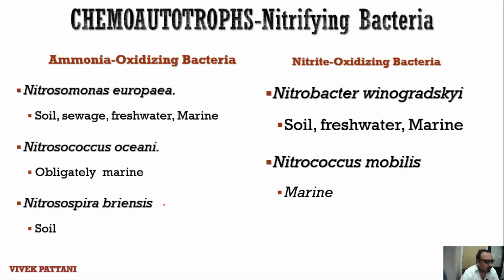Next one is Nitrosospira briensis. It is found in soil. Next are the nitrite oxidizing bacteria, of which the first one is Nitrobacter winogradskyi, which is found in soil, freshwater and marine environments. Next one is Nitrococcus mobilis. It is found in marine environments, but these are not obligate marine ones.